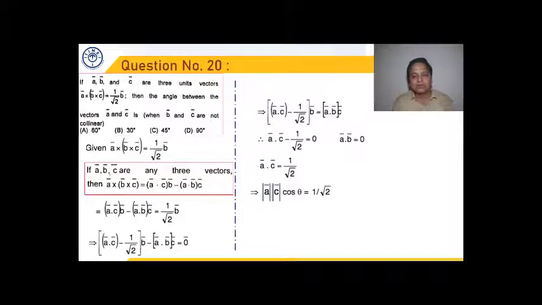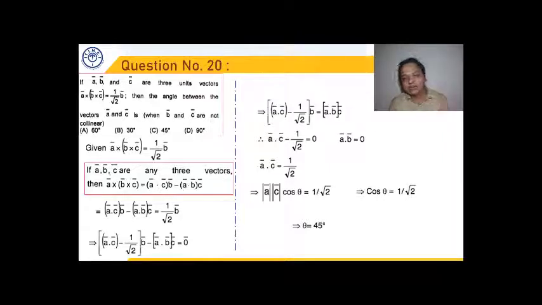It's modulus of first vector multiplied by modulus of second vector into cos theta, where theta is the acute angle between them, is equal to 1 by root 2. So, modulus of A is 1, modulus of C is 1. So, cos theta is equal to 1 by root 2. So, we can safely say theta is 45 degree.